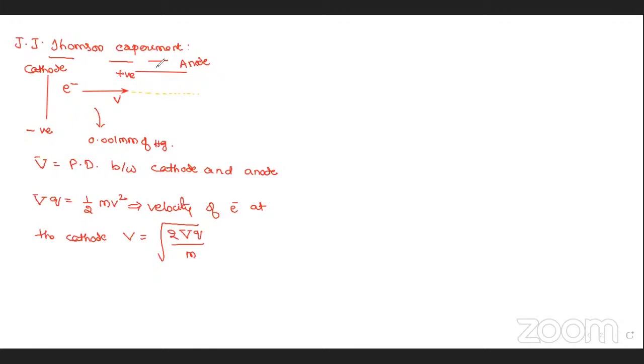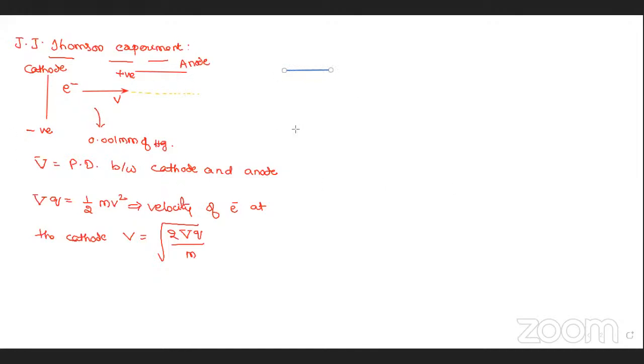Now he arranged, I should not place some anode here, but I can maintain some electric field in the path of the electron, perpendicular to its path, by placing 2 electrodes here. I am taking one electrode not very close, at some distance.